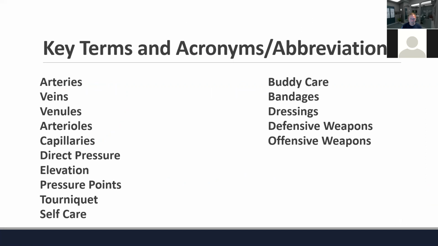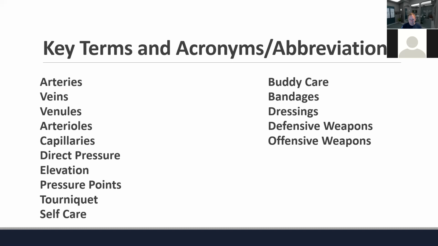I will tell you that some of the pictures that I use are a bit graphic, so I'll be sure to give you forewarning, but the intent is to show you what type of injury may produce the greatest amount of blood loss, and then what are things that we need to do to put ourselves in a position to be able to help someone.